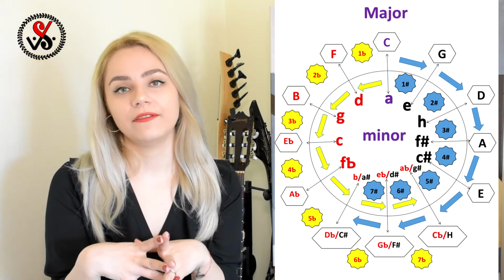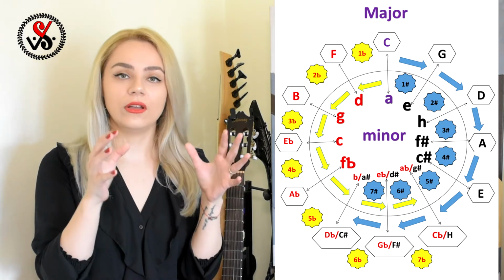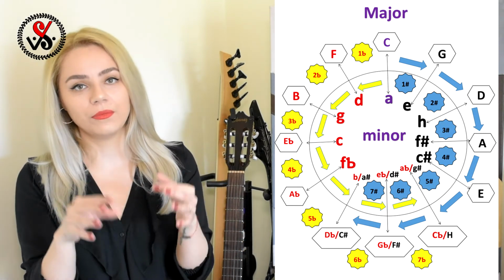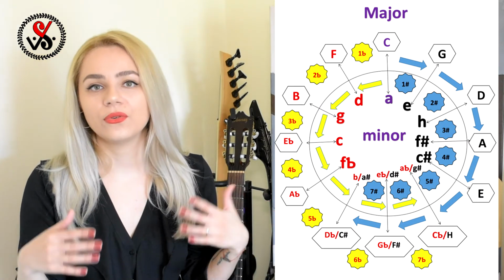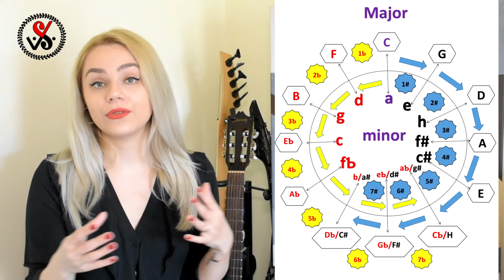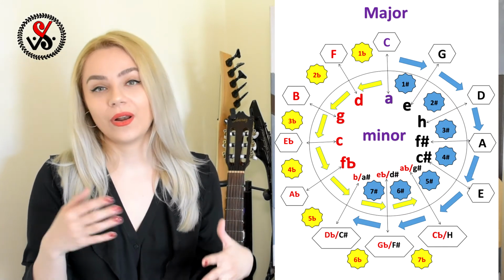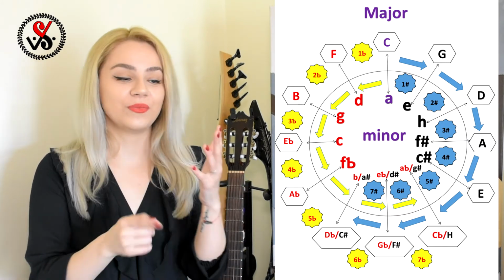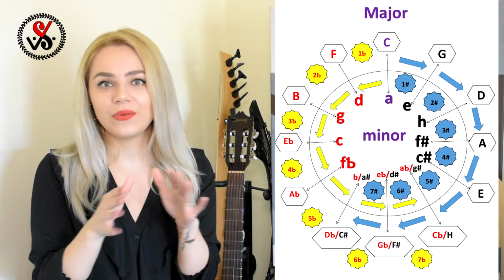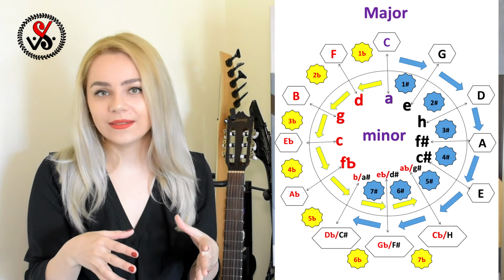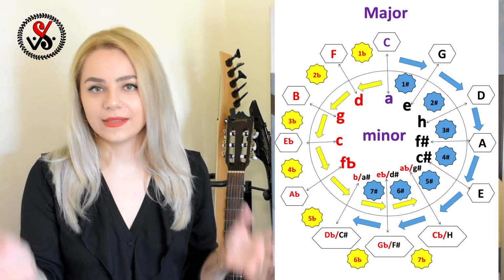So if you don't have a picture with you that you can look at to count how many accidentals are in a scale, you can always count on your fingers. You remember in our first lesson, when we were learning the names of all the notes, we were using our fingers. The same way we can count how many accidentals are in any scale.